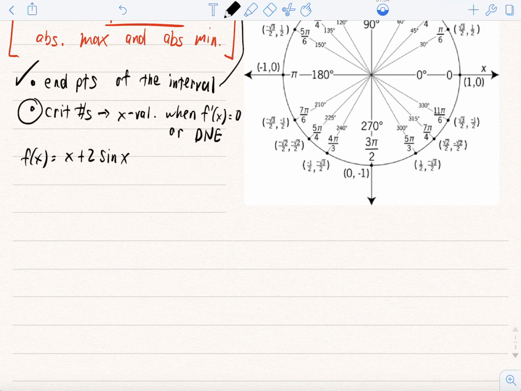When we take the derivative, we get 1 plus 2 times the derivative of sine, which is cosine x. Very easy. Critical numbers happen when the derivative equals 0, so let's set the derivative equal to 0 and solve.